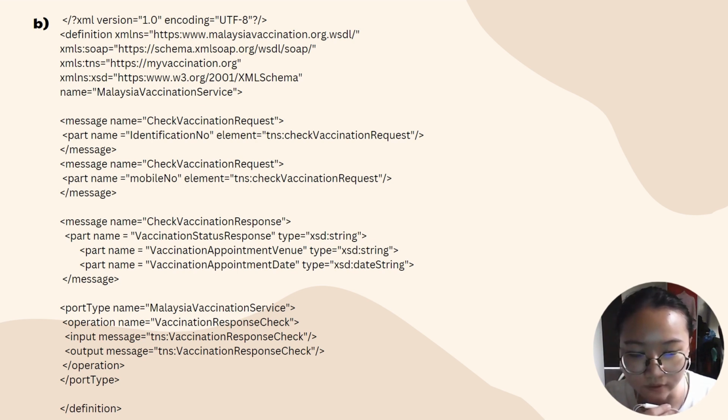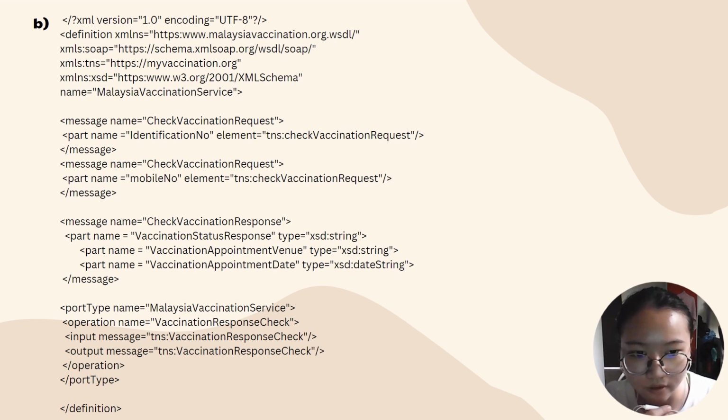Then it is followed by two message names, which are check vaccination request and check vaccination response. In check vaccination request, there are two parts, which are identification number and mobile number. Two of these elements are followed by the DNS check vaccination request. For the check vaccination response message, there are 3 parts.